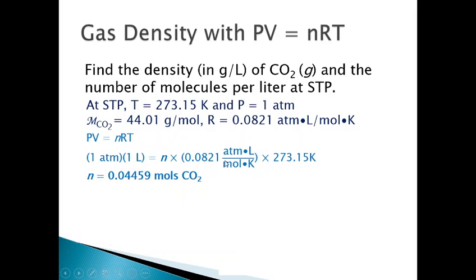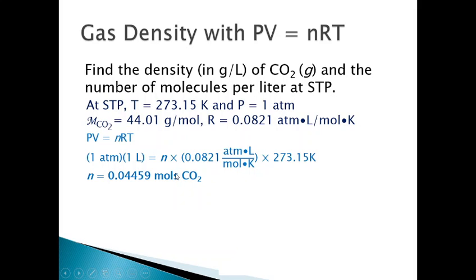R is never going to change. Temperature, 273.15 Kelvin, came from the STP. We can just plug and chug for all these values, solve for n, and I end up with 0.04459 moles of CO2.